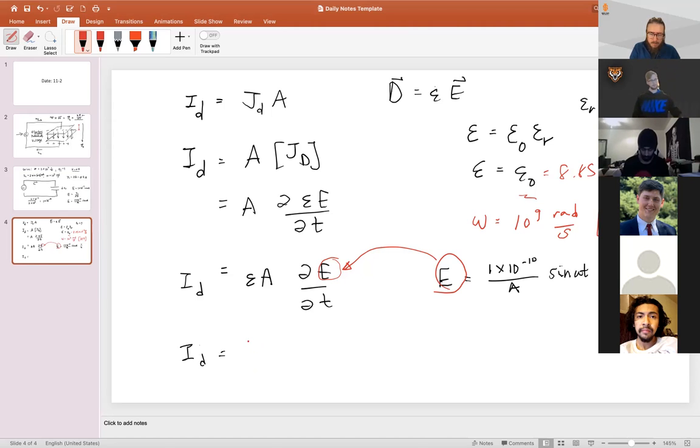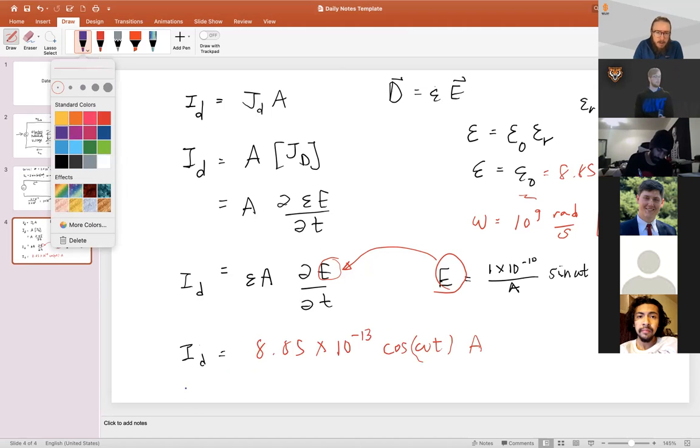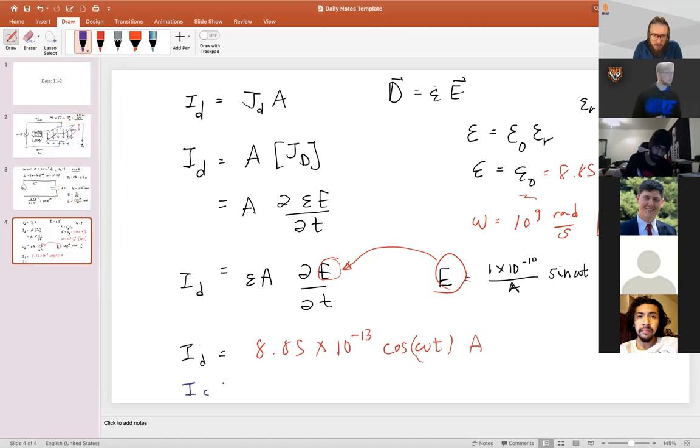I got 8.85 times 10 to the negative 13 cosine 10 to the 9th t, or just omega. All right. Yes, this is also what I got. Okay, so this is the displacement current. And the conduction current was in milliamps.